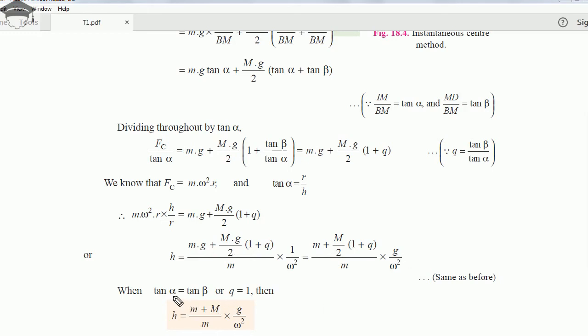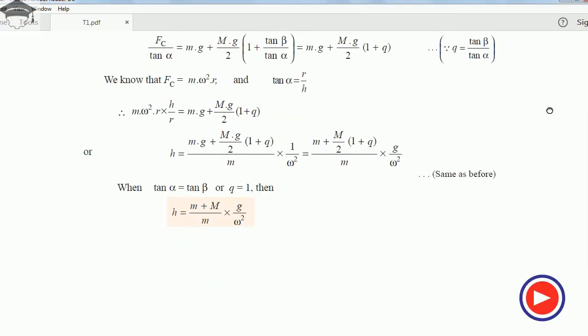And when tan alpha equal to tan beta, that is alpha equal to beta, then q equal to 1. So 1 plus 1 will be 2, so 2 gets cancelled, m plus capital M by m into g by omega square. So hence the same relation as by the resolution of the forces method we have calculated earlier, we get the same relation. So either you do the derivation by this method or the previous method, you should arrive at this point.